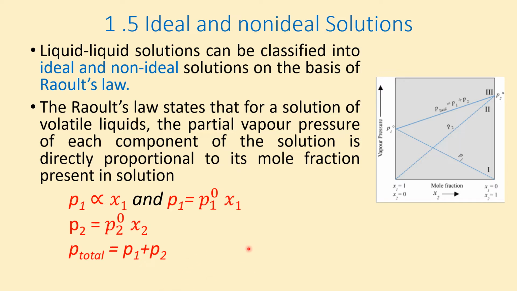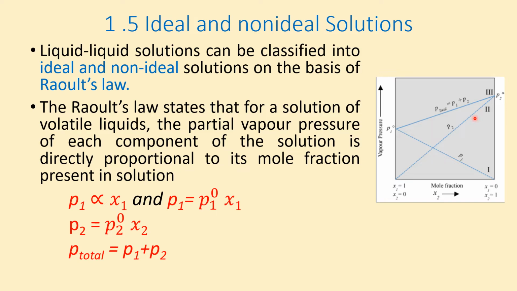Please see the graph. The graph on the screen shows the plot of vapor pressure and mole fraction of an ideal solution at constant temperature. The dashed line 1 and dashed line 2 represent the partial pressures of the components. It can be seen from the plot that P1 and P2 are directly proportional to X1 and X2 respectively.